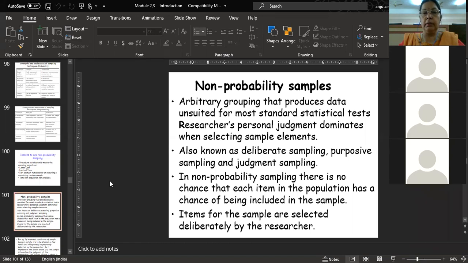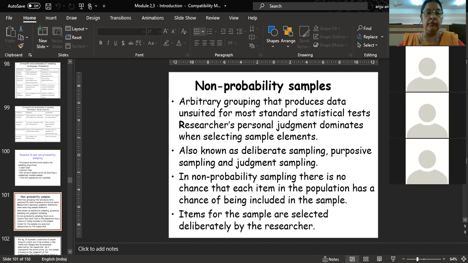So what are the names of non-probability sampling techniques? You have deliberate sampling, judgmental sampling, and purposeful sampling techniques. In non-probability sampling technique, each item of the population has no definite chance of being included in the sample.